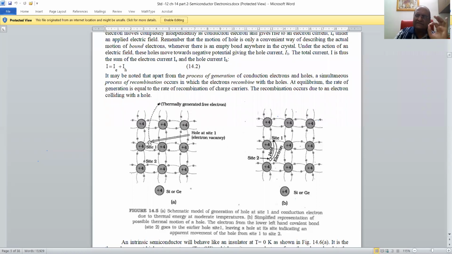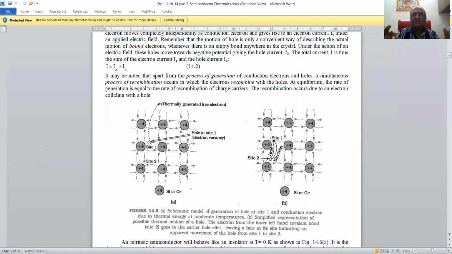હોલ that is just the empty space where there is the deficiency of electron. બીજું કંઈ જ નથી, આ ધ્યાન રાખજો. નો ડાઉટ ઇટ્સ a tendency that is to accept electron, કારણ કે ત્યાં ઇલેક્ટ્રોનની ખોટ છે, રાઈટ. હવે ઇલેક્ટ્રોનને એટ્રેક્ટ કોણ કરે તો કે પોઝિટિવ ચાર્જ એટ્રેક્ટ કરે, એટલે એની બિહેવિયર એ પોઝિટિવલી ચાર્જ પાર્ટિકલ જેવી છે. પણ એટલું ધ્યાન રાખવાનું ઓલવેઝ, હોલ એ કોઈ પાર્ટિકલ નથી, એની ઉપર કોઈ ચાર્જ નથી.